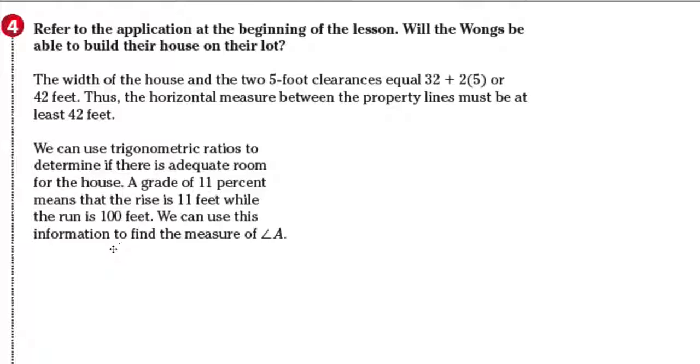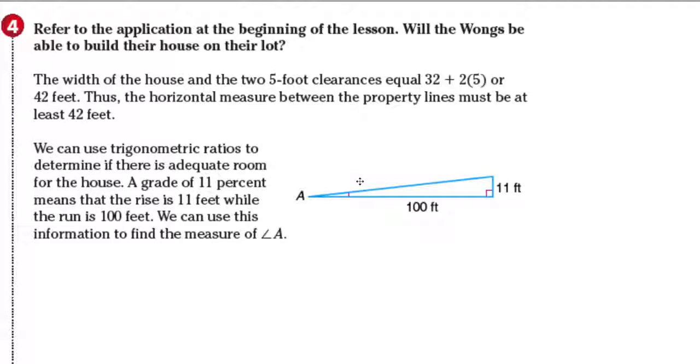We can use this information to find the measure of angle A. Remember, the grade is 11%, so that will be the slope, and that's why we have your rise as 11 and your run as 100 feet.